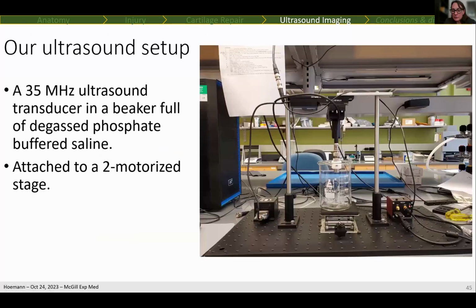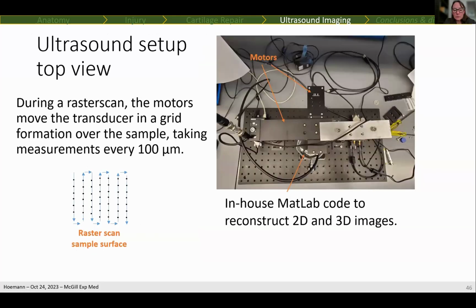There's the setup, and it's a homemade setup, and there are 2 motorized stages that move the transducer, and we do what's called a raster scan. So what we do is we collect focal ultrasound scan data every 100 microns in a kind of back and forth pattern. In the motorized stage, you can program to go slower or faster between these spaces.